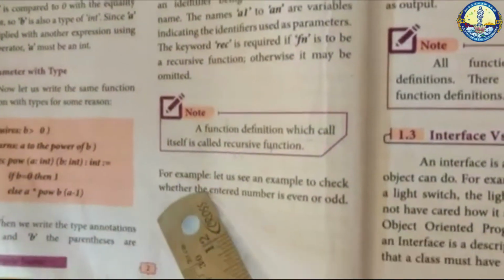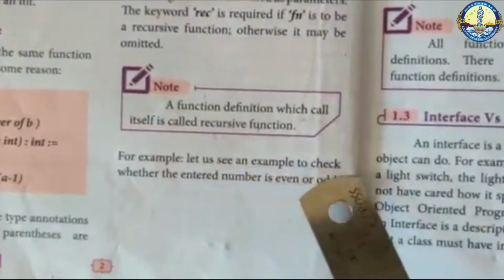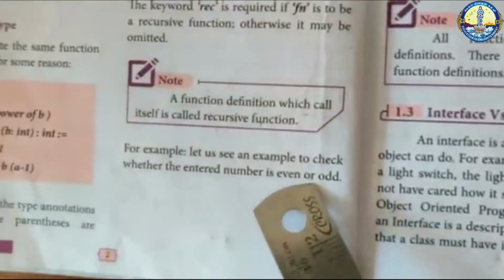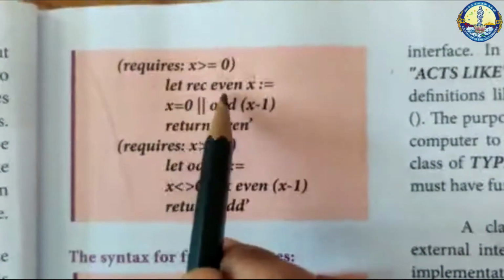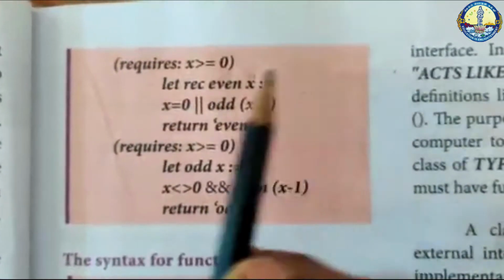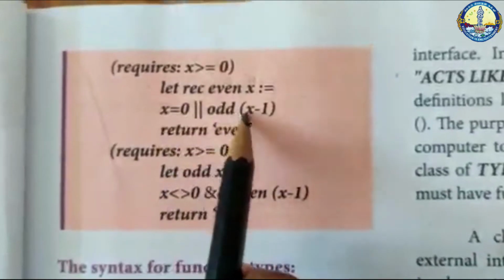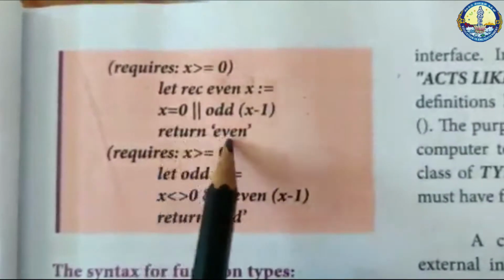Let us see an example to check whether the entered number is even or odd. Recursive, x greater than or equal to 0. Let rec even x equal to some value. If x equal to 0, then odd number, x minus 1. Return even number.